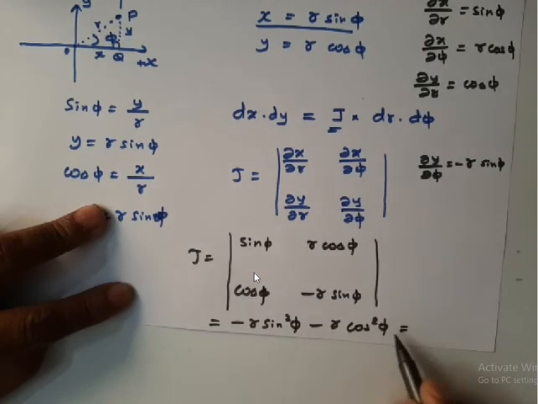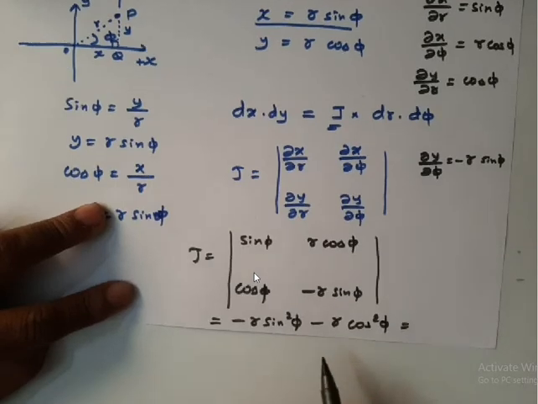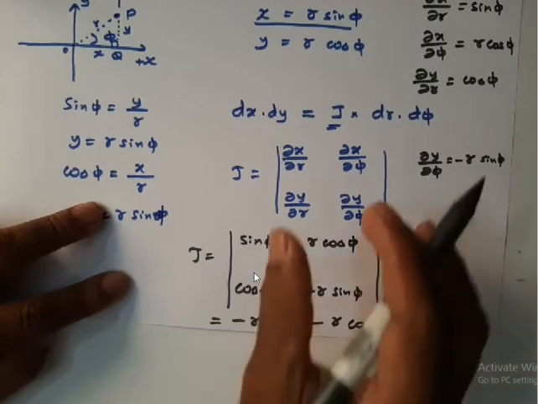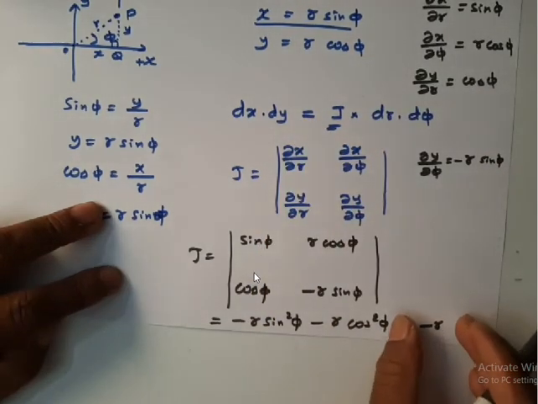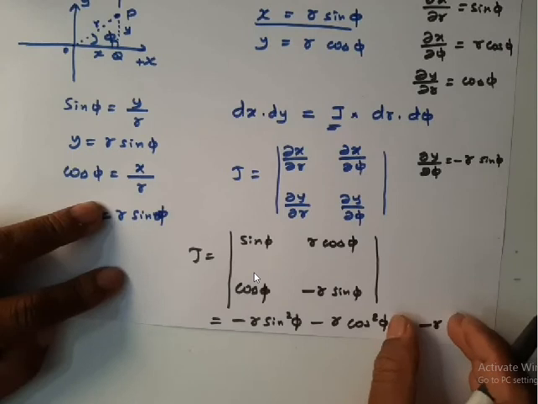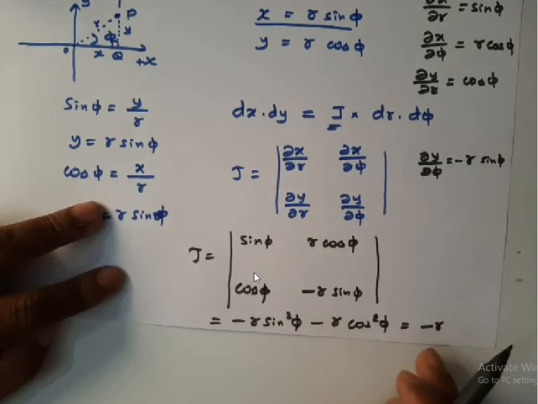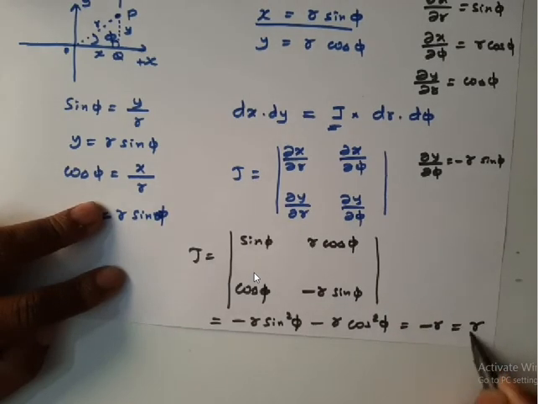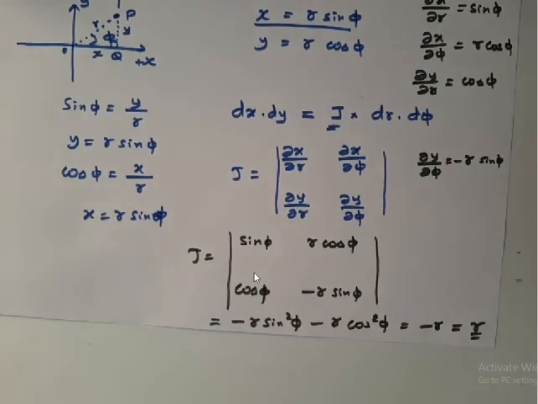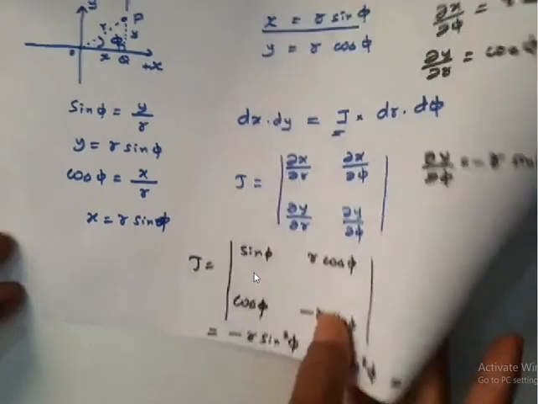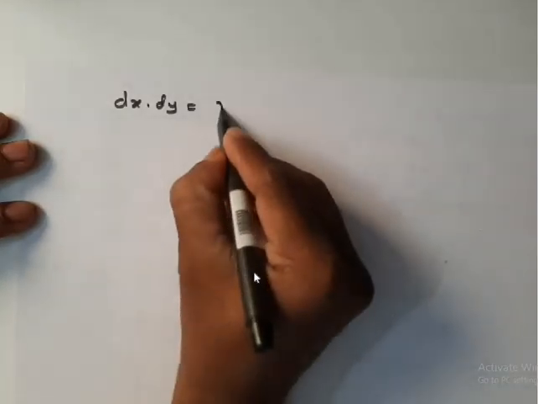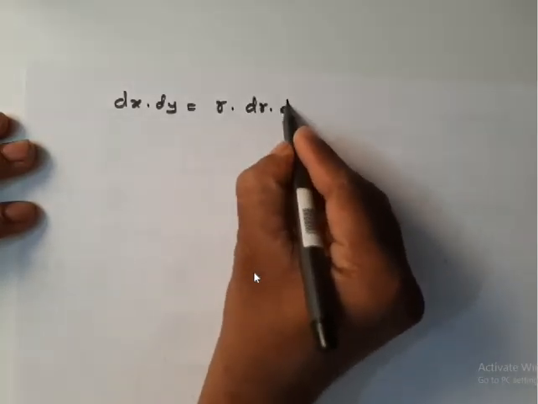If I take minus r common, I get sin square phi plus cos square phi, which is equal to one. So we get minus r. We have to take only the magnitude here, because since we are finding an area element, the minus sign has no meaning. Therefore, the value of the Jacobian here is r. Substitute that r here, and you get the area element in spherical polar coordinates: dx into dy equals r dr d phi.